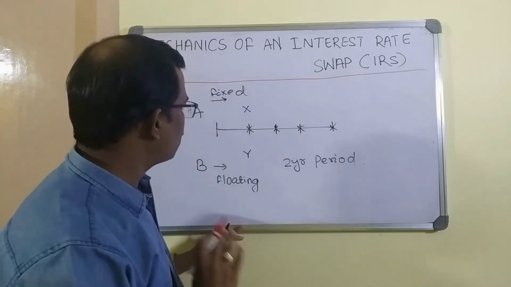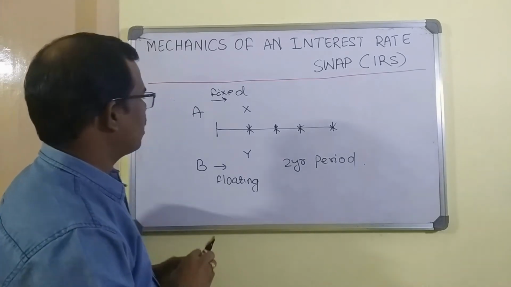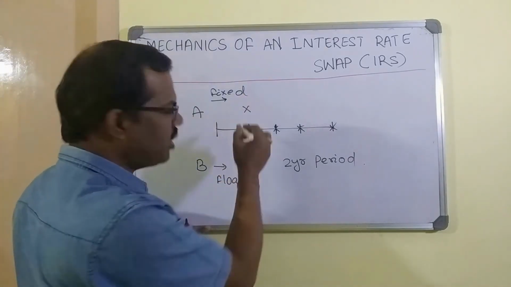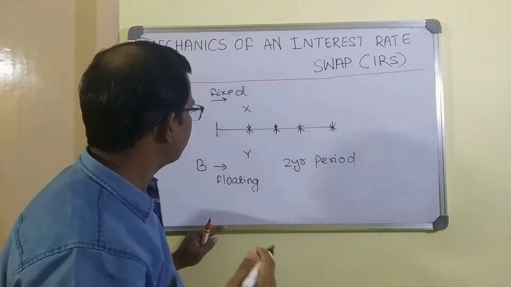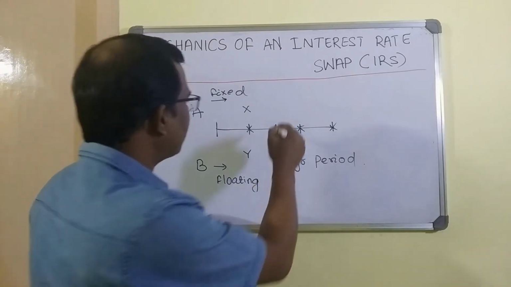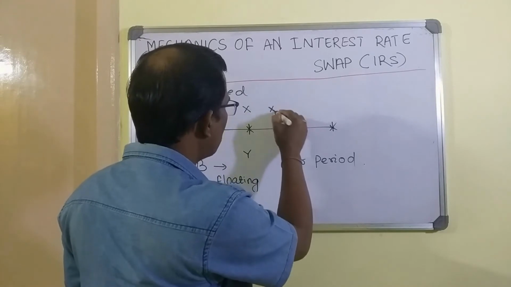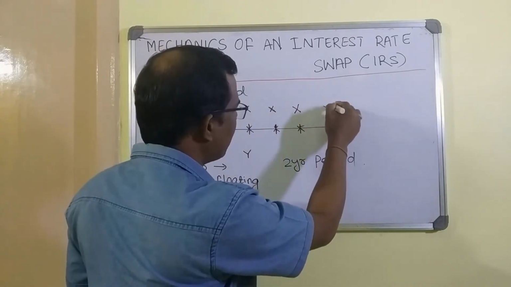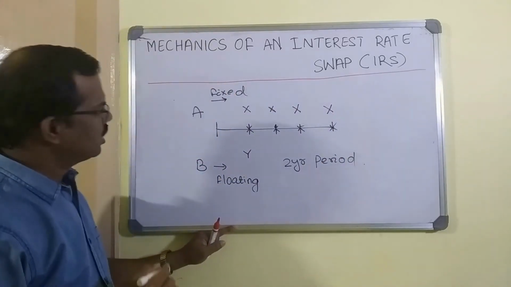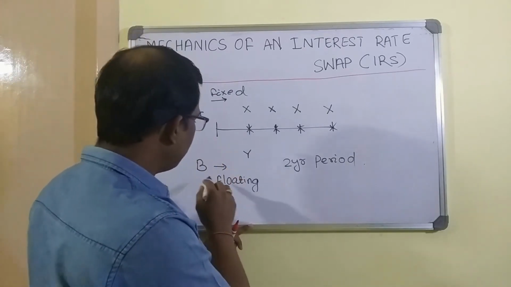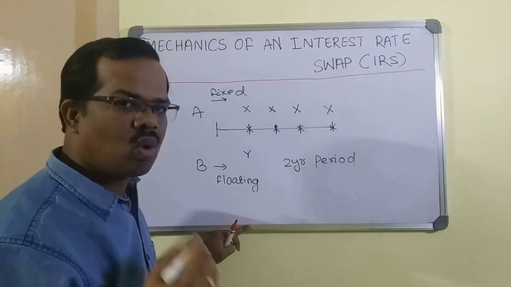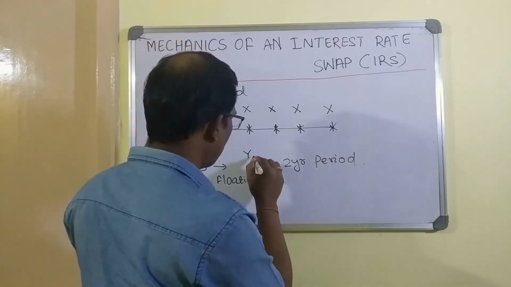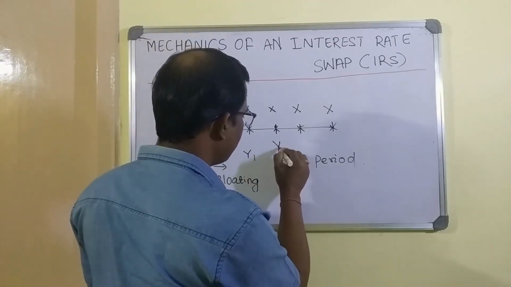Now, coming back to our topic, one thing is for sure: A is paying a fixed interest rate and therefore the amount X is known at each point in time. True? But B is paying the floating rate of interest, therefore B's obligation is not known at each point in time.